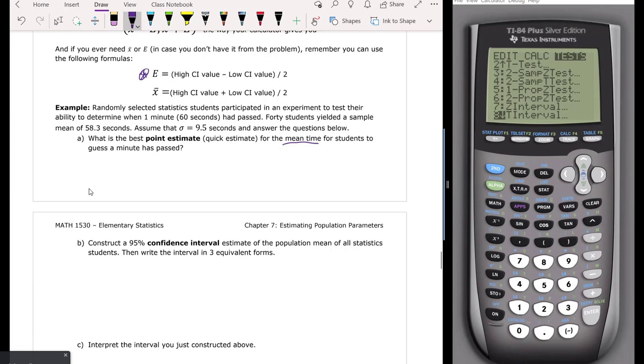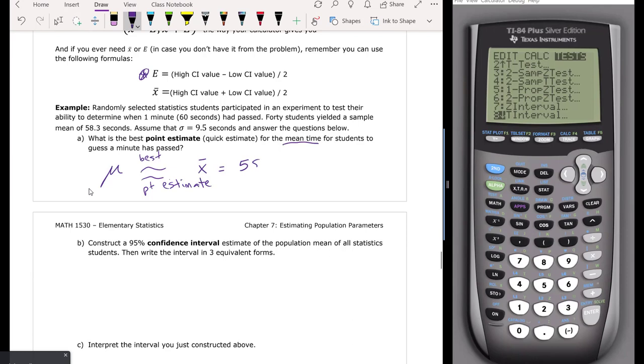So basically, when you're trying to figure out mu, your best point estimate is going to be X bar, the sample mean. In the problem, they tell us the 40 students yielded a sample mean of 58.3 seconds.